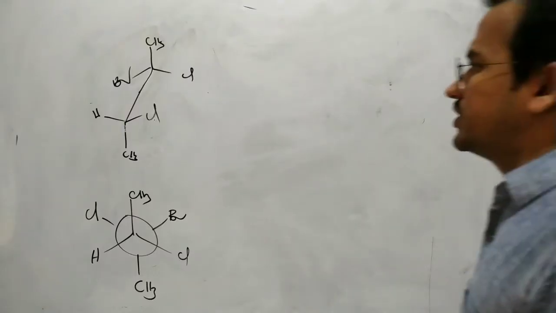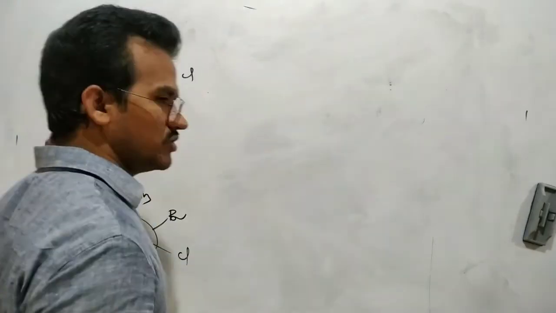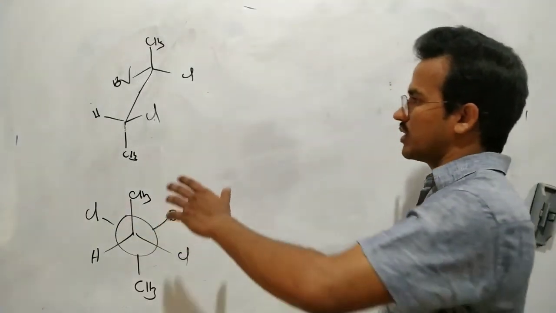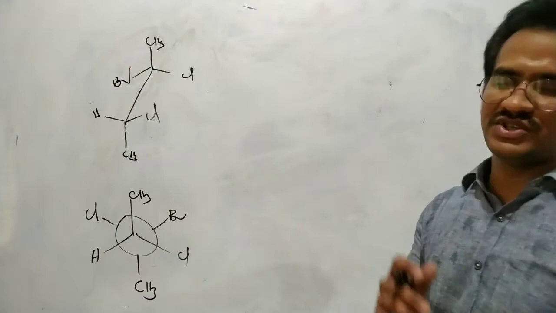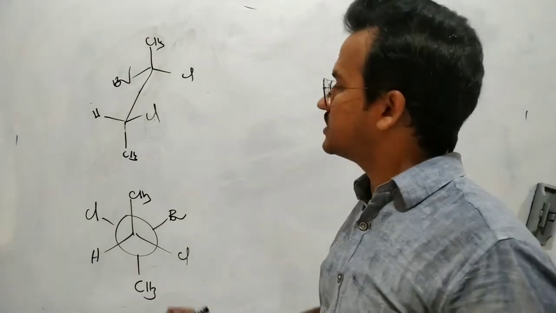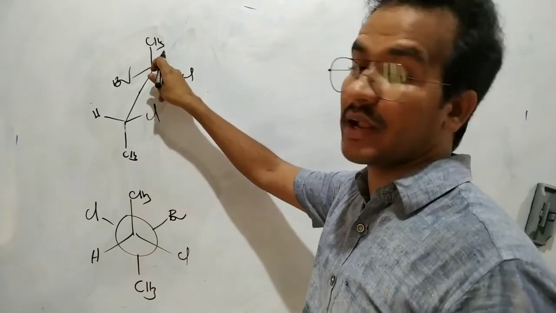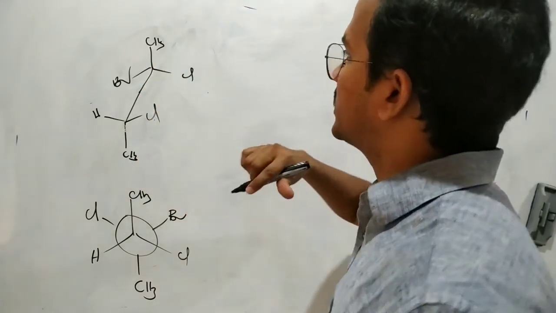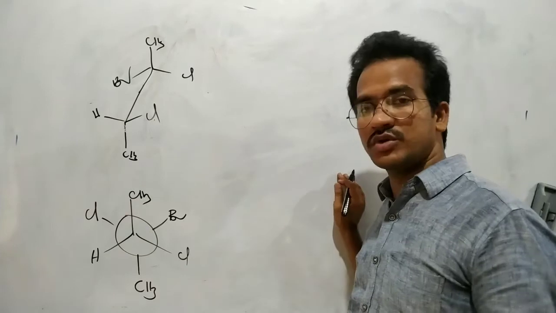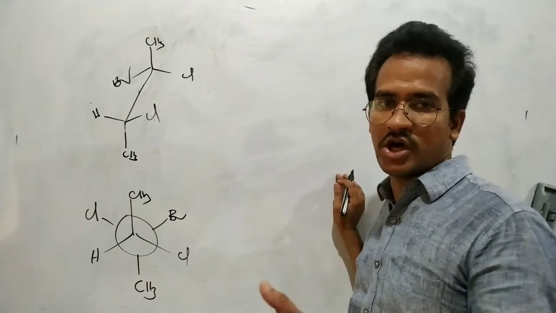So here in this case, this is a Sawhorse projection formula. How to convert into Fischer projection formula? In this case, this group here is downward and this methyl is upward. But in this conversion, those two methyl groups must be in the downward direction.